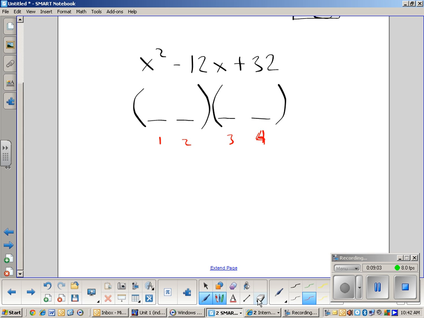Now, can you tell me again where you want the x? In 1 and 3. The only way to get x squared is x times x. You're right, they have to go there.